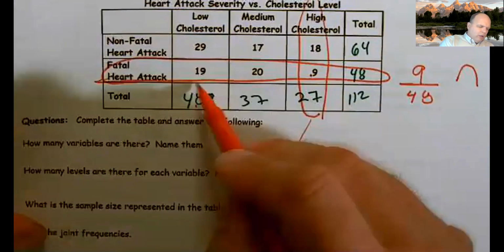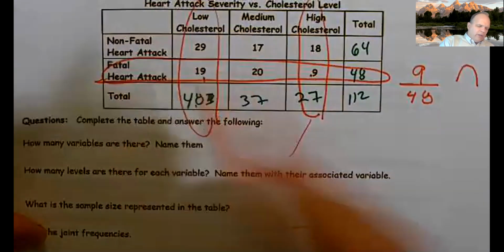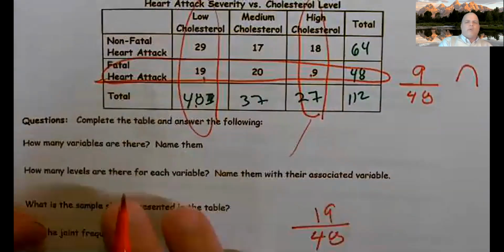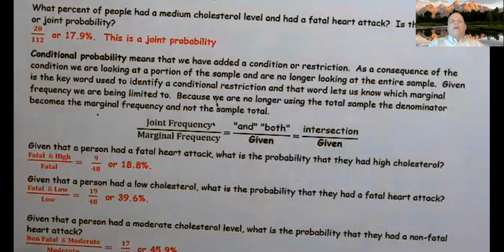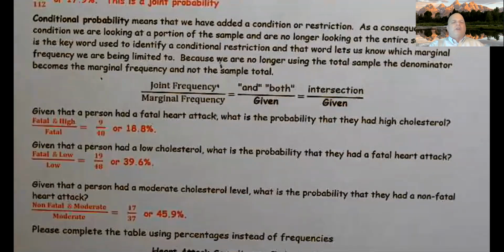Well, low cholesterol and fatal heart attack is 19, so 19 out of 48. You can leave it as a fraction if you like, or convert it to a decimal, or a percentage. You must always show the fraction, and I prefer that you write the fraction and then convert it to percent form.